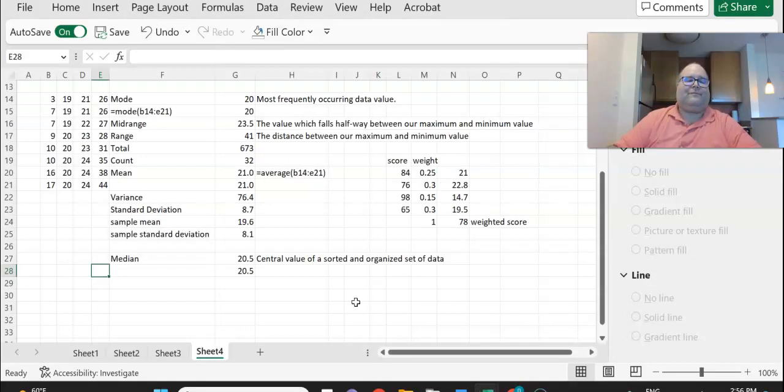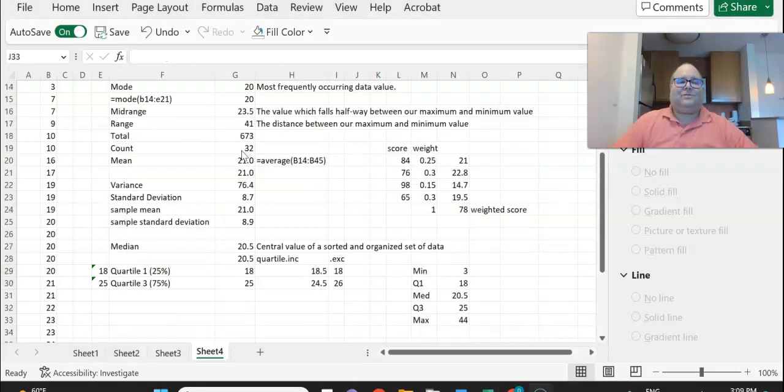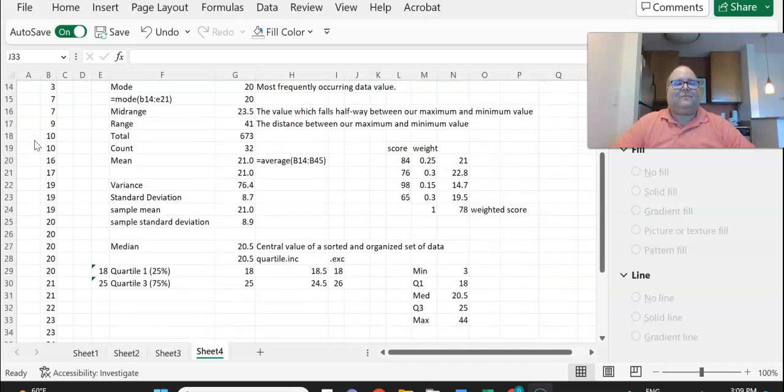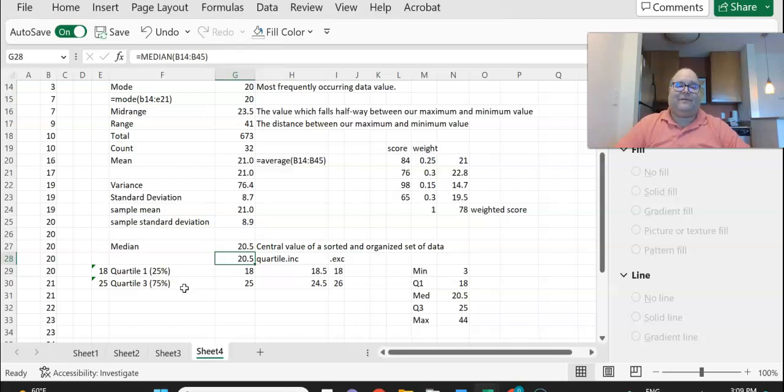So for our values here, we have our median that we found to be 20.5, and we rearranged the values to allow us better access to it for another feature in a moment. We have our median computed by hand as the halfway point of our list, and computed using the formula MEDIAN, in this case from B14 through B45.